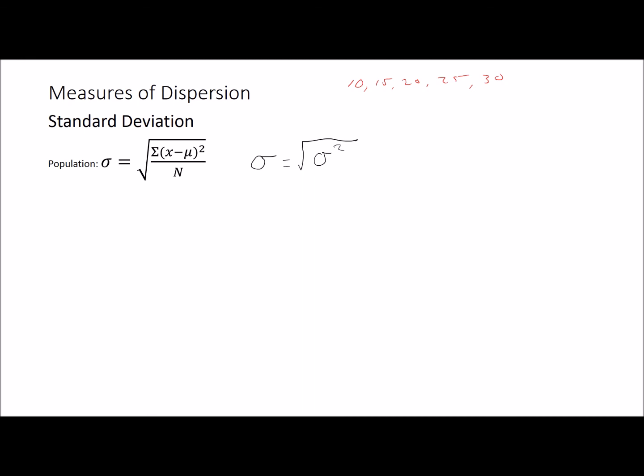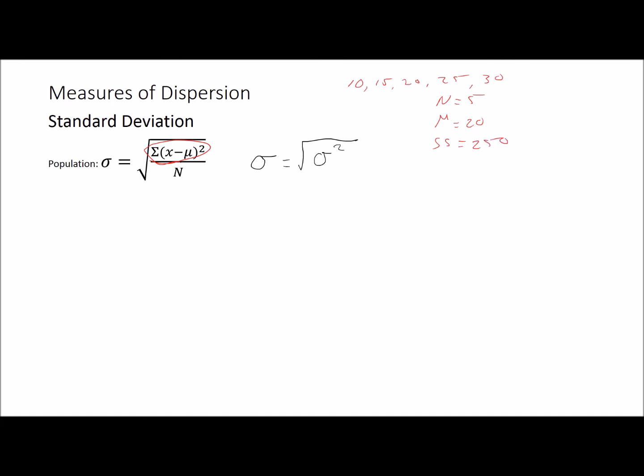If we were to put this back up there, and we ran through the whole calculation again, we did find that our n equaled 5, and we had a mean equaling 20, and then we said we had the sum of squares, right, which is this top part here, just as a reminder, equaled 250.